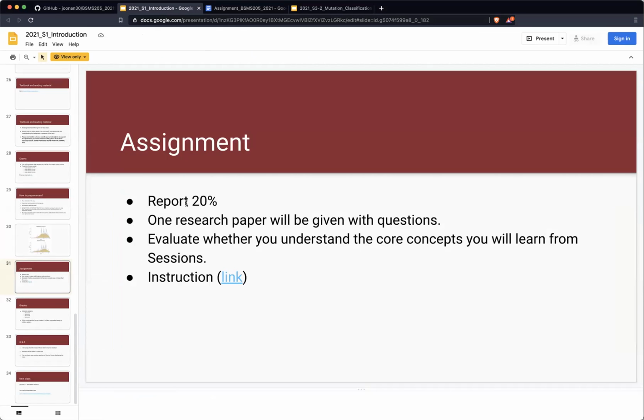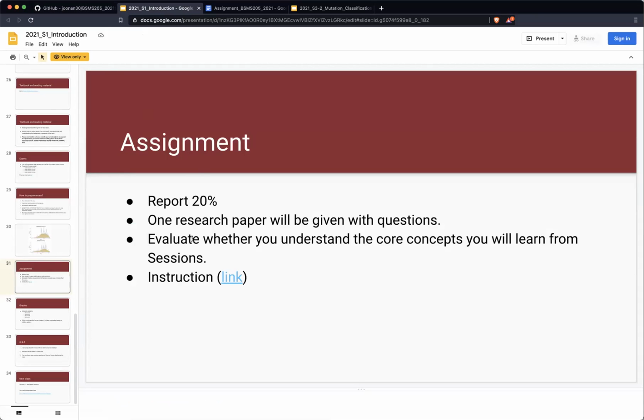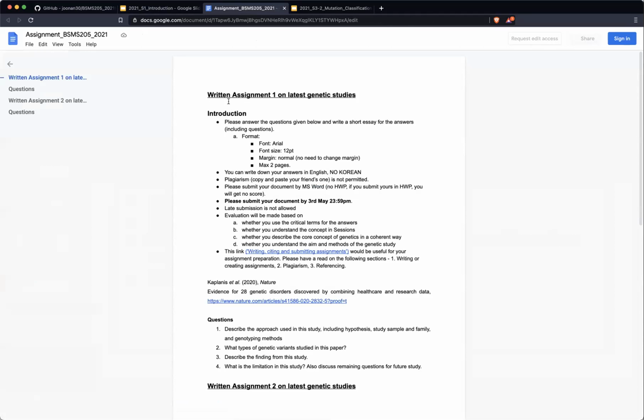The assignment basically asks whether you understand the basic concepts you learned over the topics, and the instructions for the 2 assignments are included in the first lecture slides you find in the GitHub link here. If you go to the introduction slides, you can find the link to what you have to do in your assignment. And there's all the introduction for your assignment.